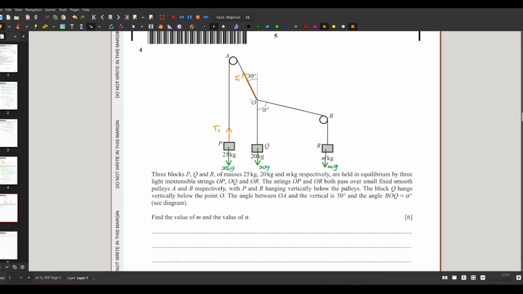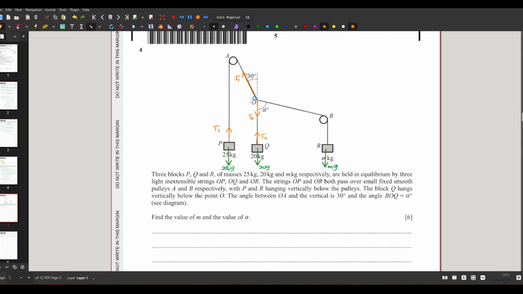Right. And then let's take this one. So here, since this is the same string, we have the same value for this one. So let's take this as T2 and also this is T2.